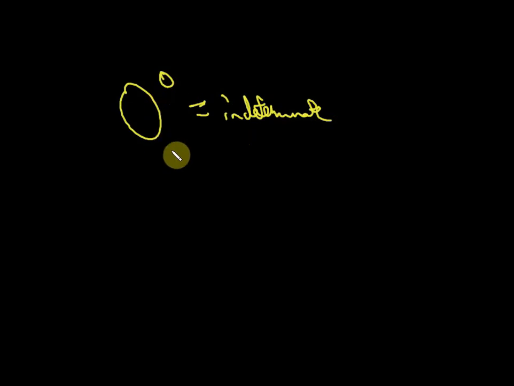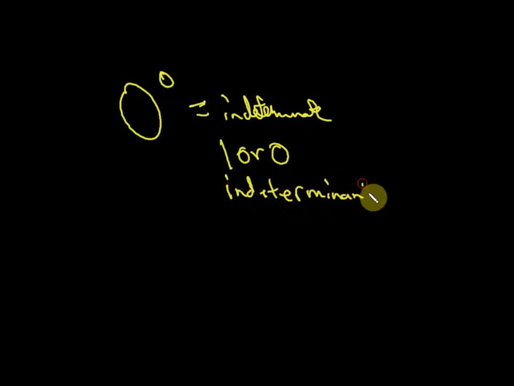But just know that there's no real answer, because a lot of times the answer will be either 1 or 0, and so a lot of times people will just say indeterminate. And that's all you need to really worry about when it comes to that.